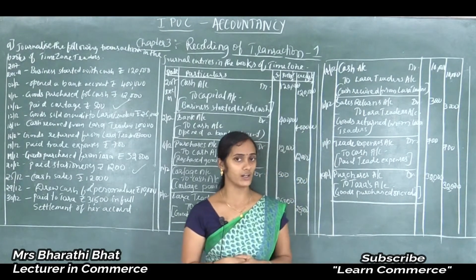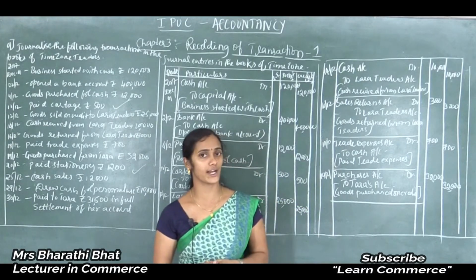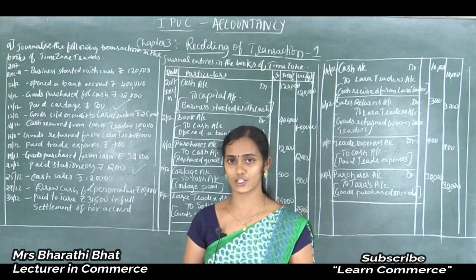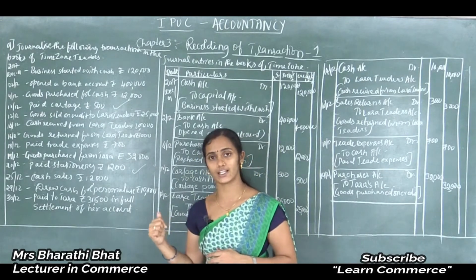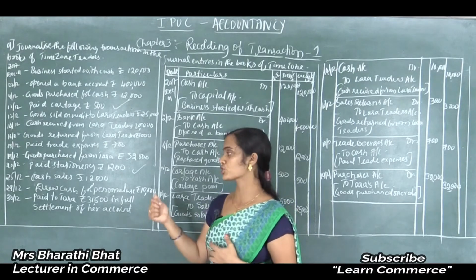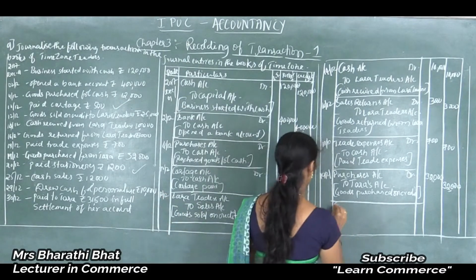How can we record it? We should record the debit aspect in the first line. According to the rules of expense, an increase in expenses is to be debited. Here the expense is stationery expense. So how can we record?